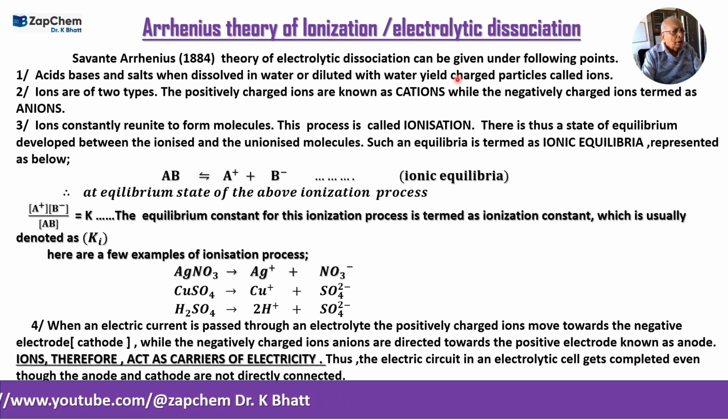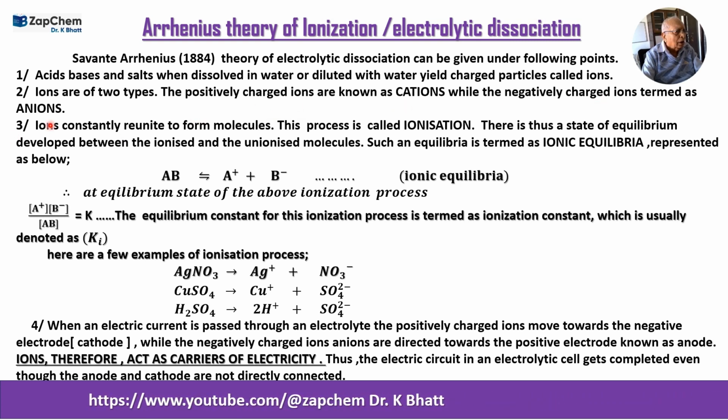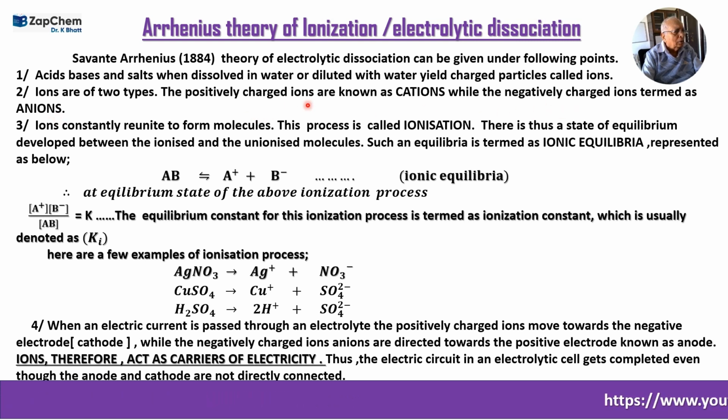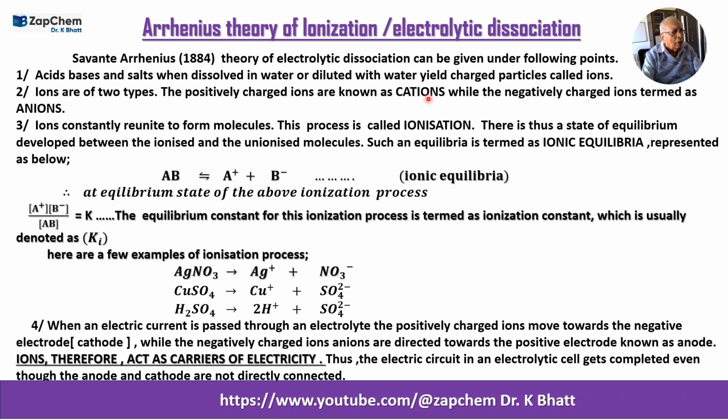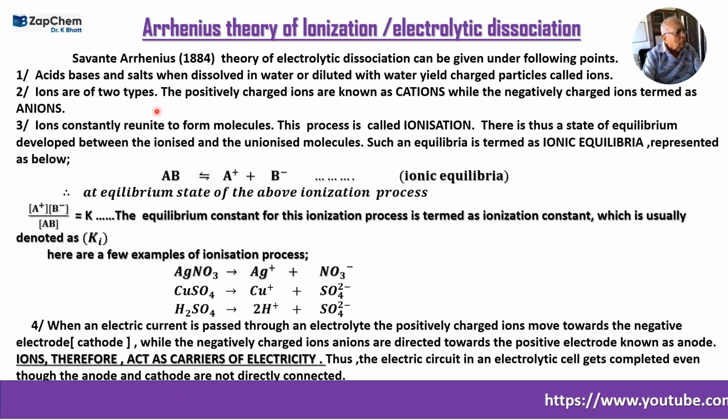It may be a positive charge, it may be a negative charge. The positively charged ions are known as cations, whereas the negatively charged ions are known as anions. Cations and anions are the two parts which are given out in dilute solution of a salt. It may be an acid, it may be a base.